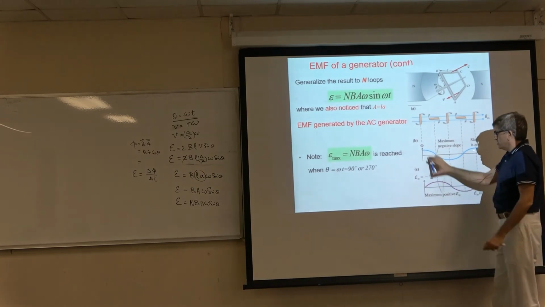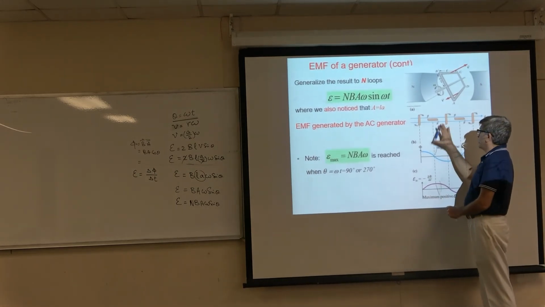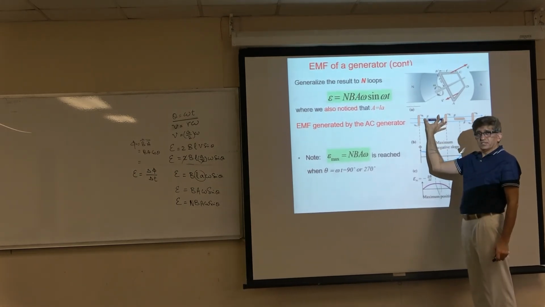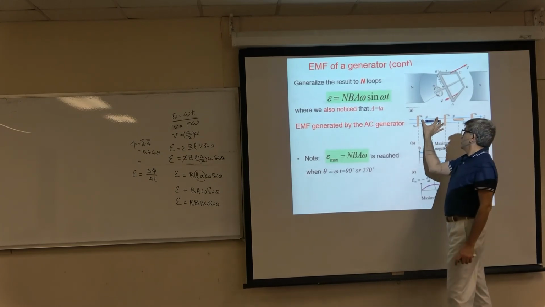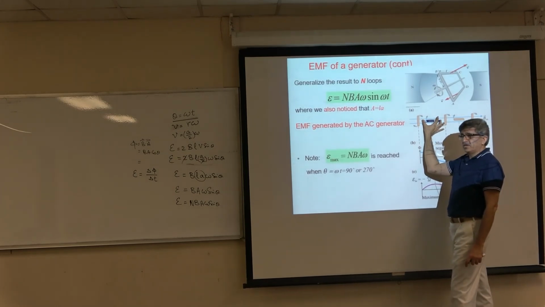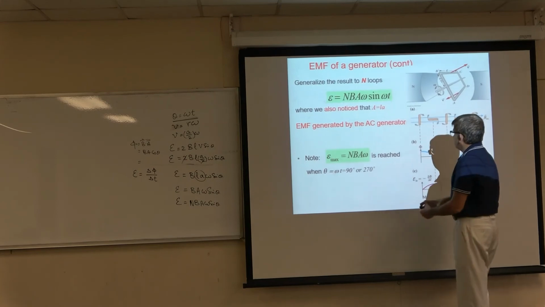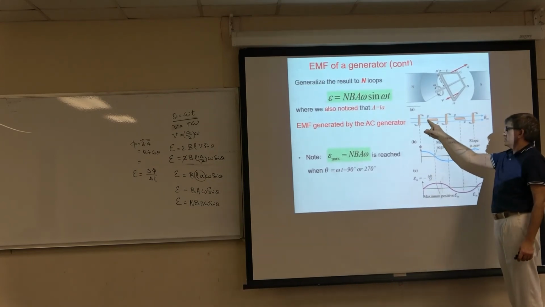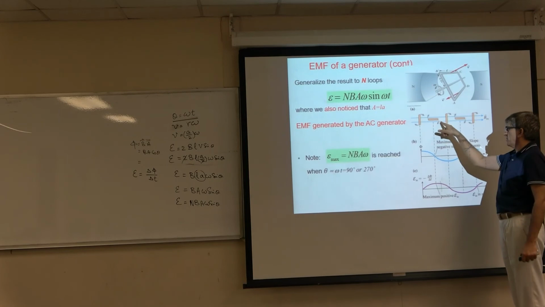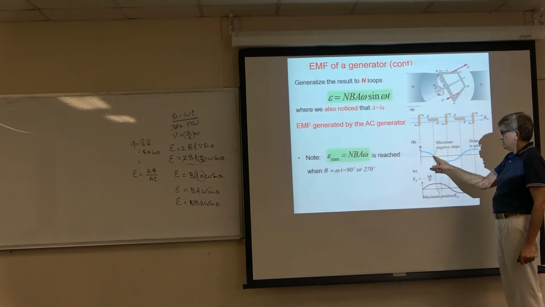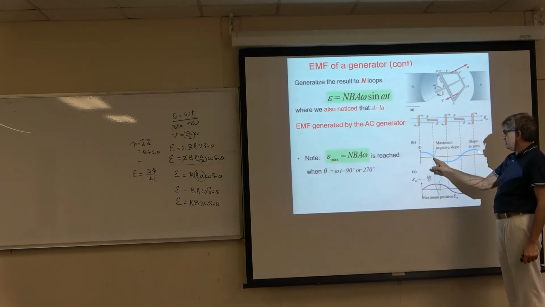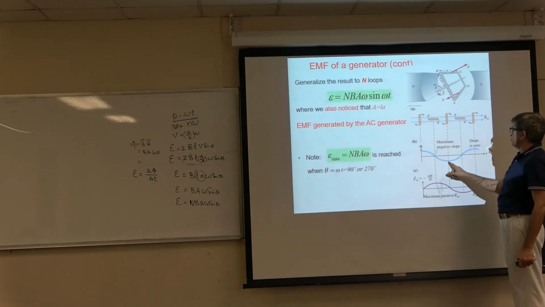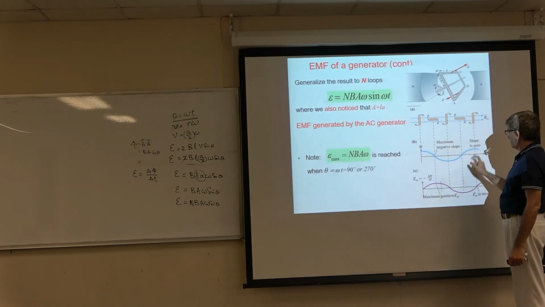So this is the maximum flux. Then here, the normal to the area and the magnetic field are perpendicular to each other, so the surface area and the magnetic field lines are aligned, so that is a 0 degree angle between them. So this is 0 flux and maximum flux, 0 flux and maximum flux. Alright?